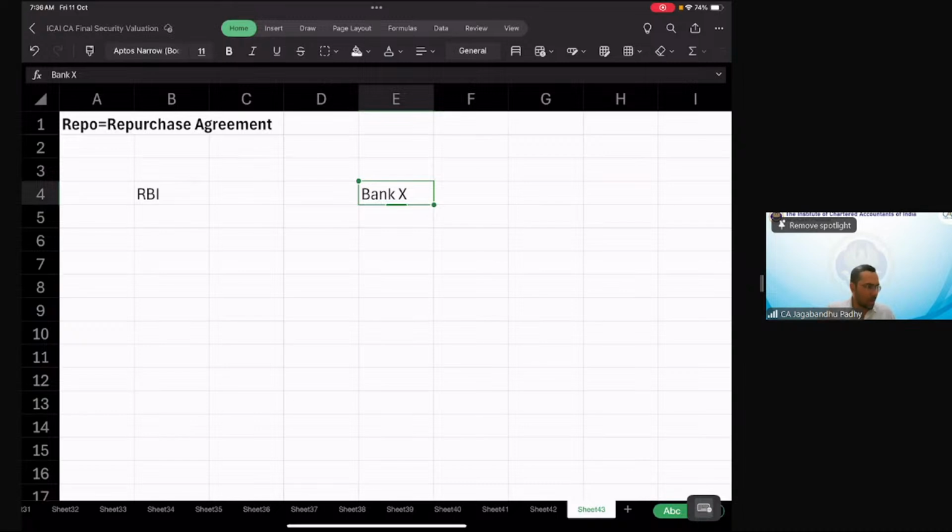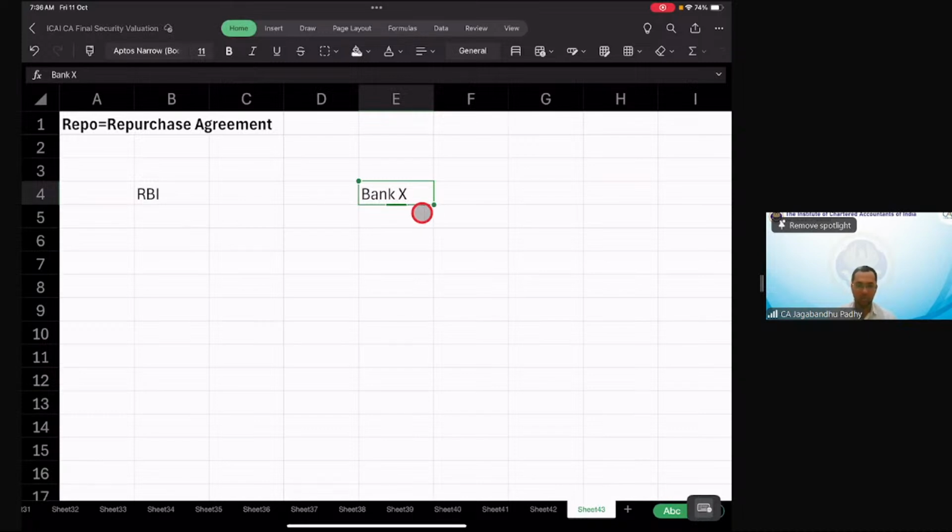RBI says, okay, I'll lend you some money, but you'll have to give some sort of security. Bank X says, okay, I have government securities, and I'll give you the government security. So RBI says, okay, let's do one thing. I will accept government security from you at some price now, but you will have to repurchase.